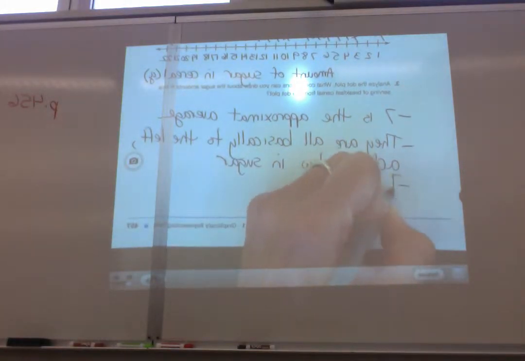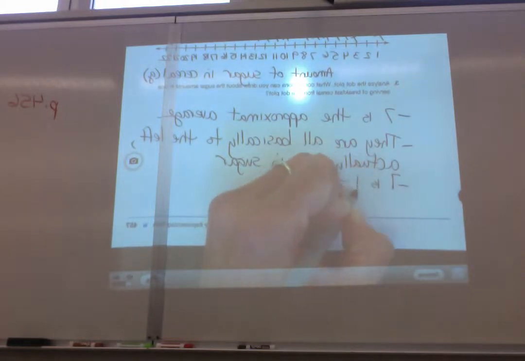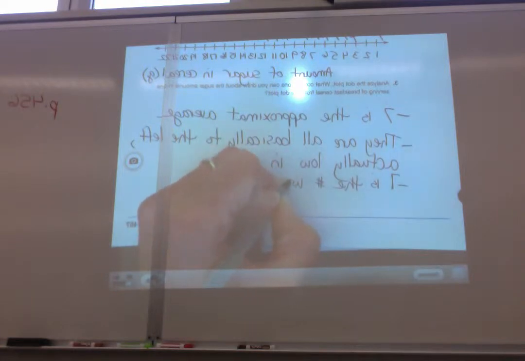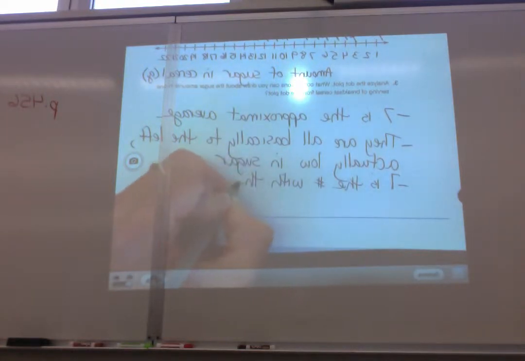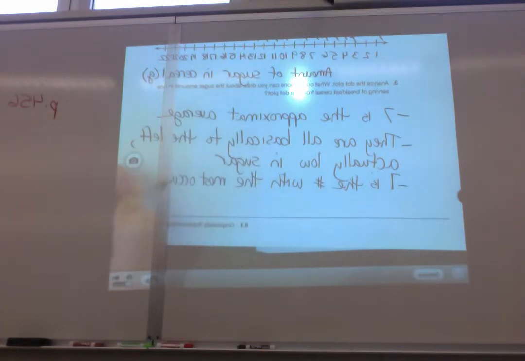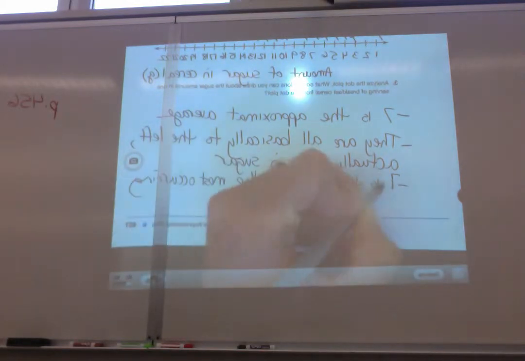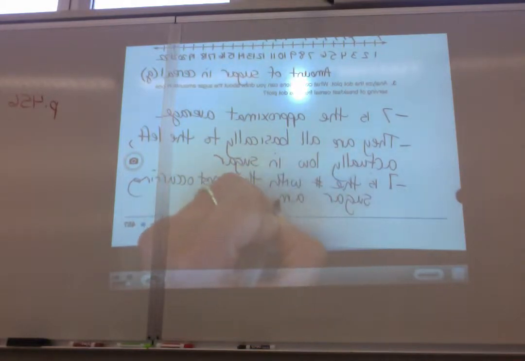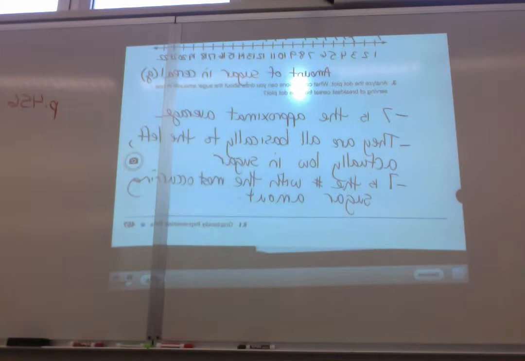That's the most cereals. 7 is the number with the most occurring sugar amount. All right.